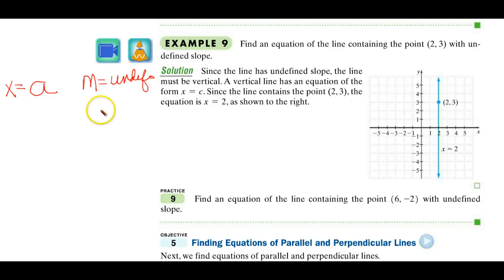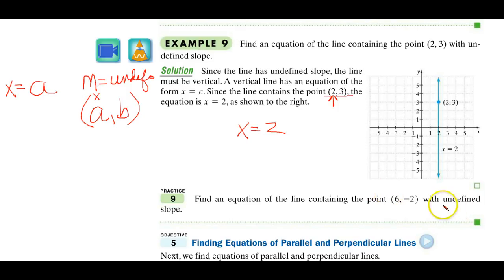So, again, in an ordered pair, if it's a vertical line or an undefined slope, it will be whatever is in the A or the X position, and that would be your equation, x equals A. So here, in our ordered pair, the element we're going to choose is our X item, which is in the A position, and that would be x equals 2.